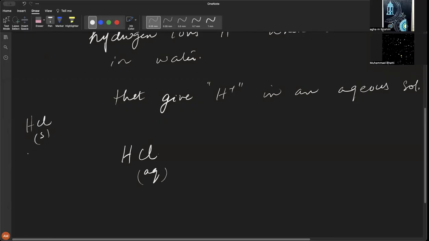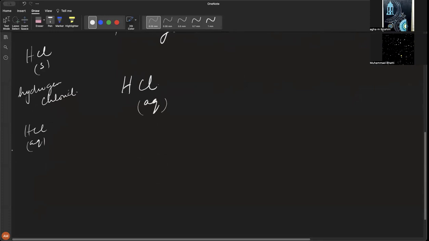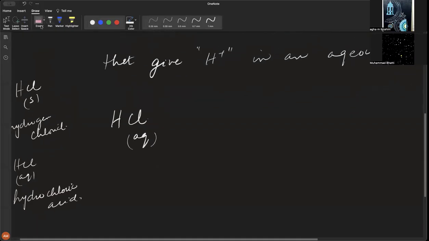This is hydrogen chloride. And HCl aqueous is hydrochloric acid. So if you have hydrogen chloride, let's say solid, and you put that in water, let's say H2O, it's going to become HCl aqueous.